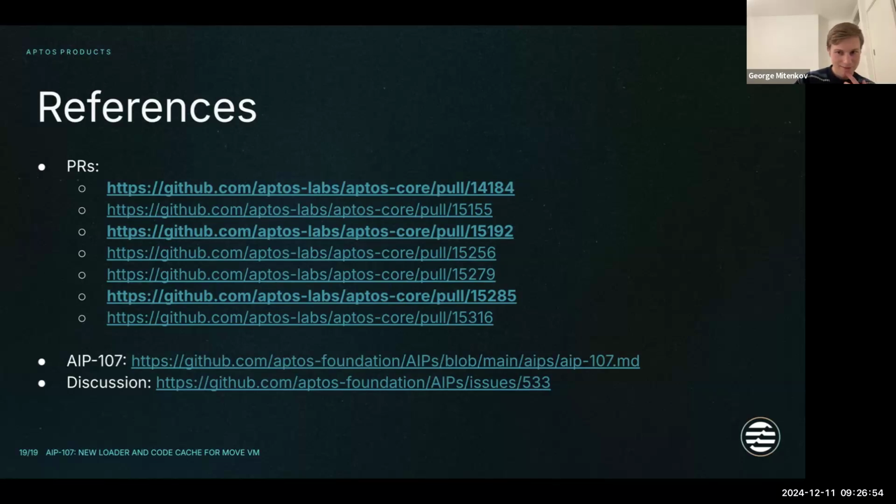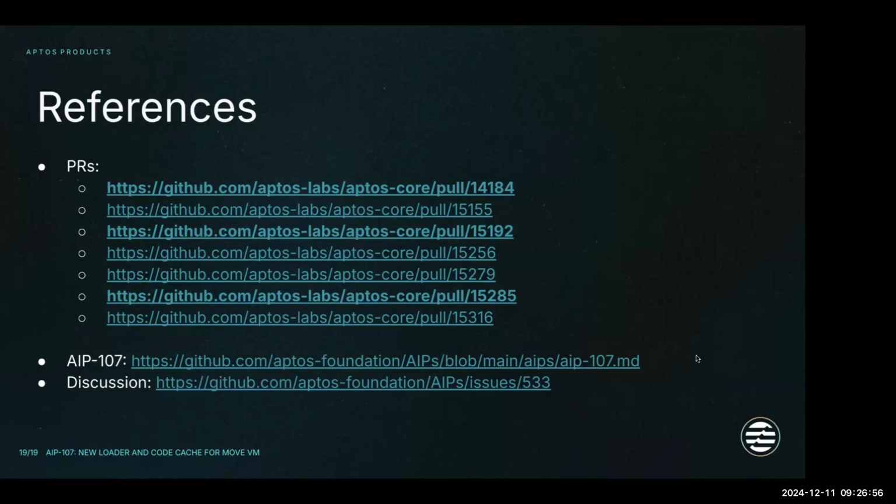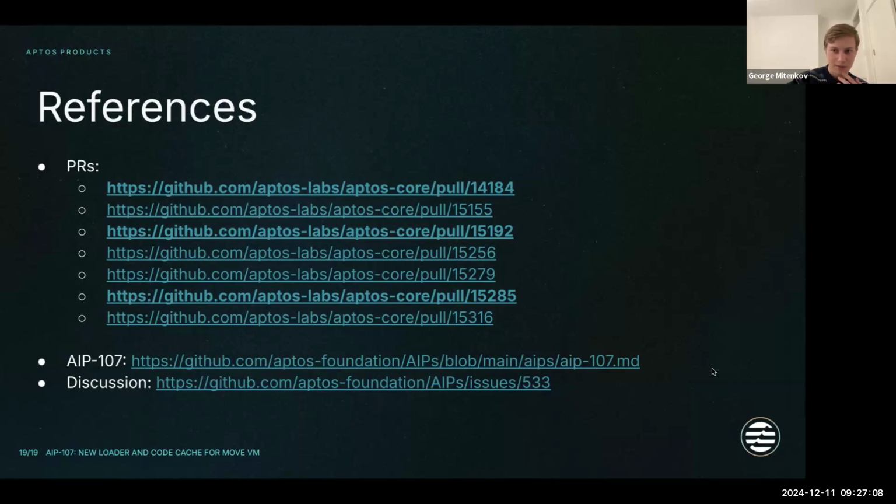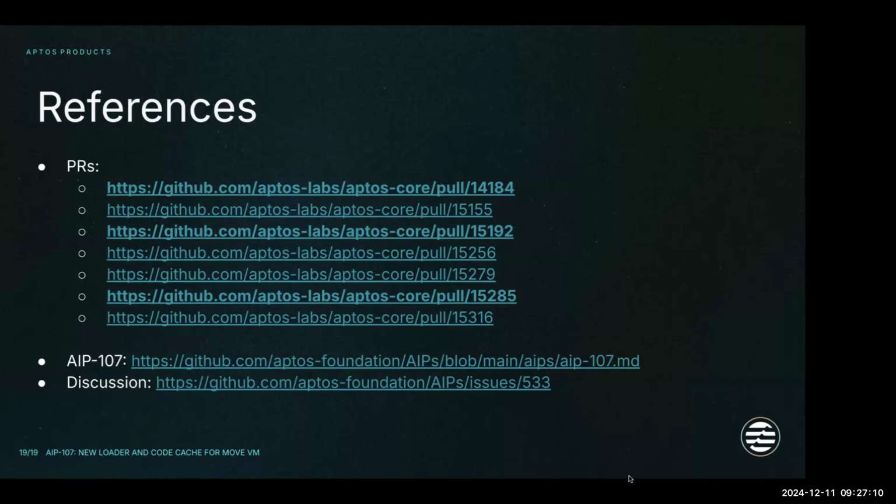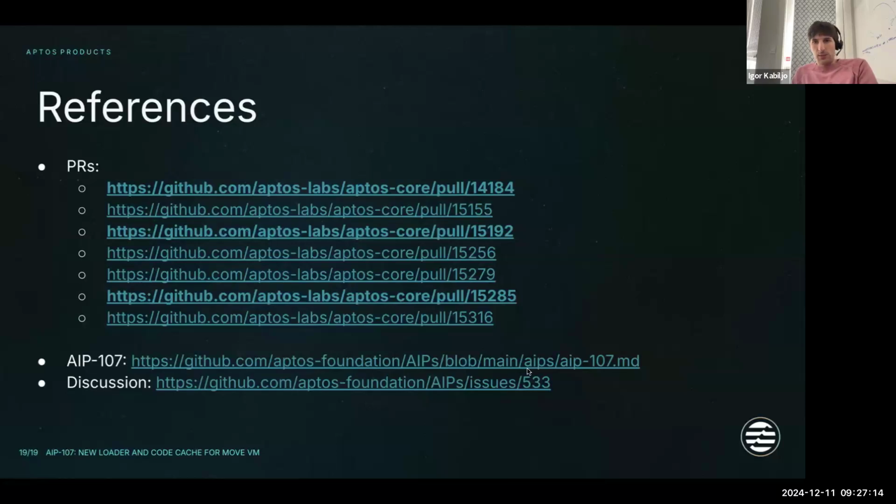Thanks. Yeah, that's some stellar work. I was going to ask if it's possible to get a copy of this slide presentation, because I was wondering if I can grab those links for the pull requests. Yeah, I think it should be possible. We can share. All right, thanks. Also, they should already be in the AIP, so if not, we'll add them there.